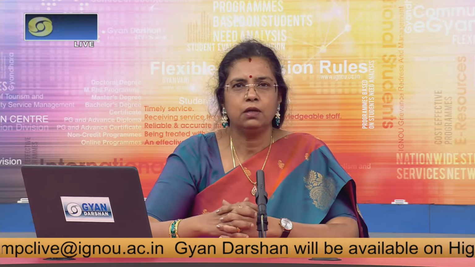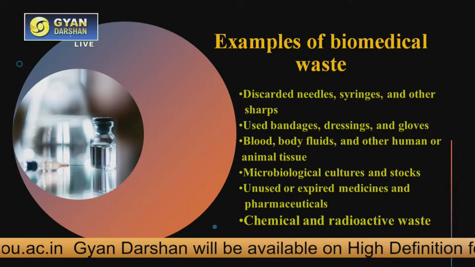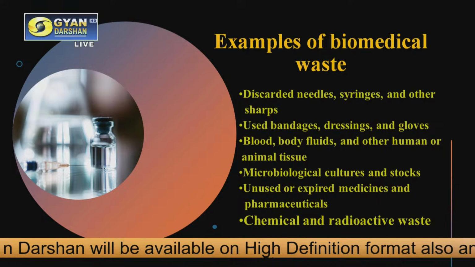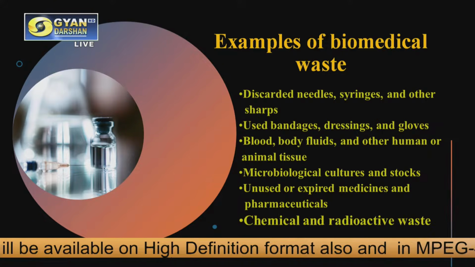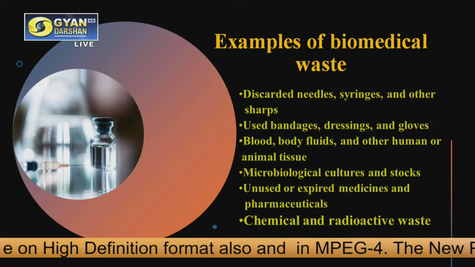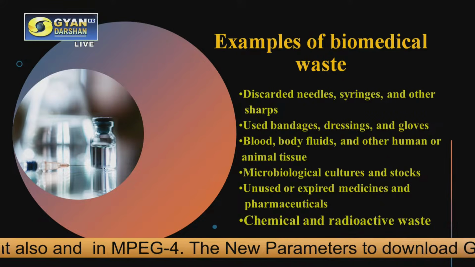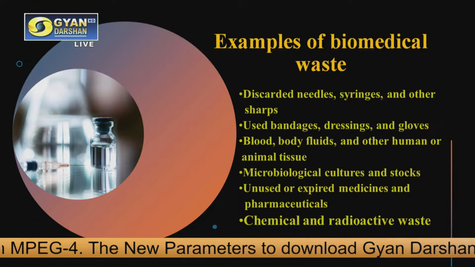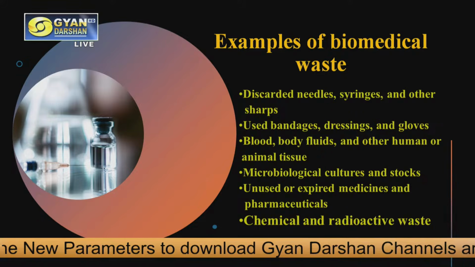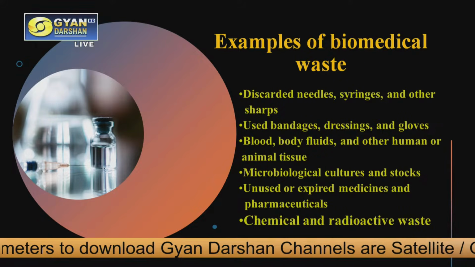Now let us come to the examples of biomedical waste. So this can contain discarded needles, syringes and other sharps. They can have the used bandages, the dressings and the gloves. Then they can contain the blood or the body fluid and other human and animal tissues.